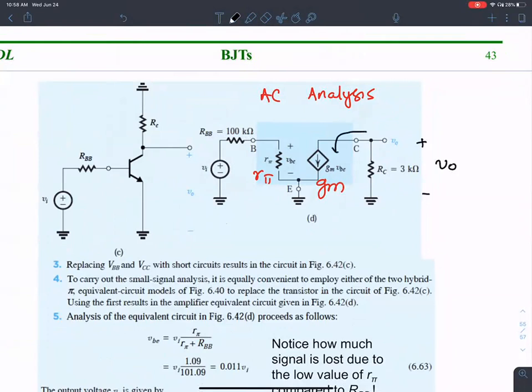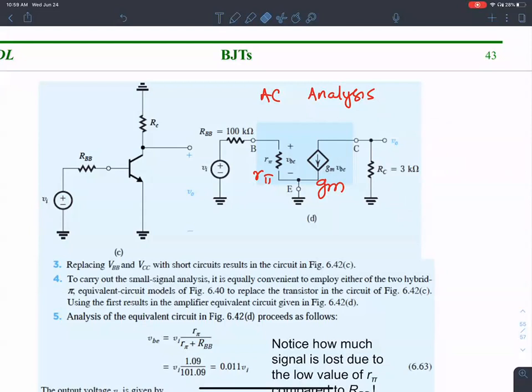You know, the current flowing here, this is plus and this is minus. So if a current of GM VBE is flowing in this direction, then V output would be negative GM VBE, because that's the passive sign convention.